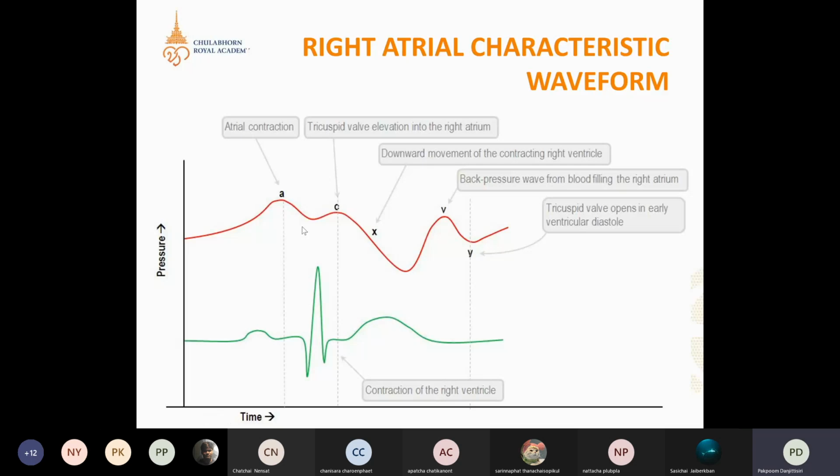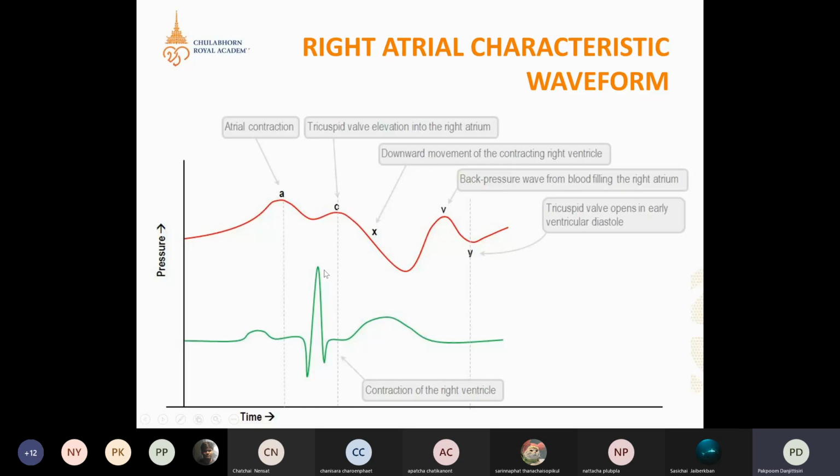Just remember, if you have the pressure waveform here and then you have the EKG, you have to keep in mind that the peak of the R wave is the end of the diastole.